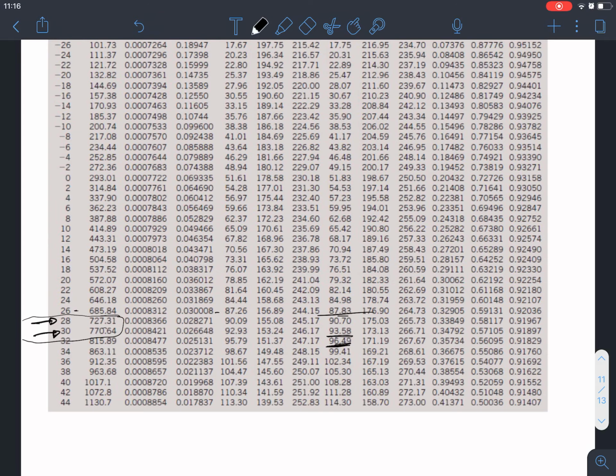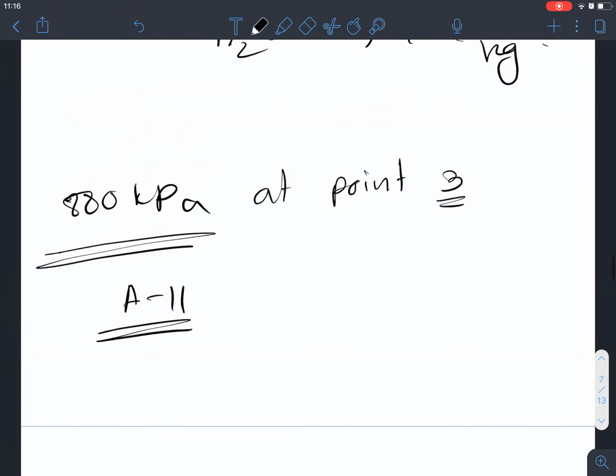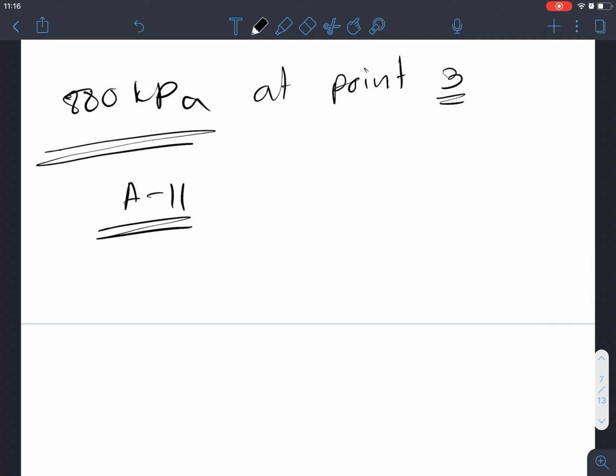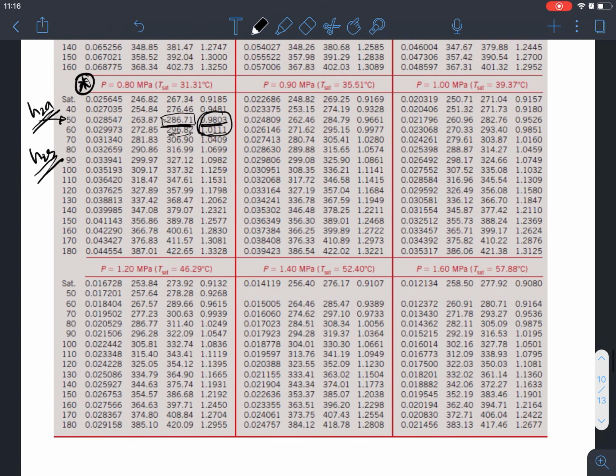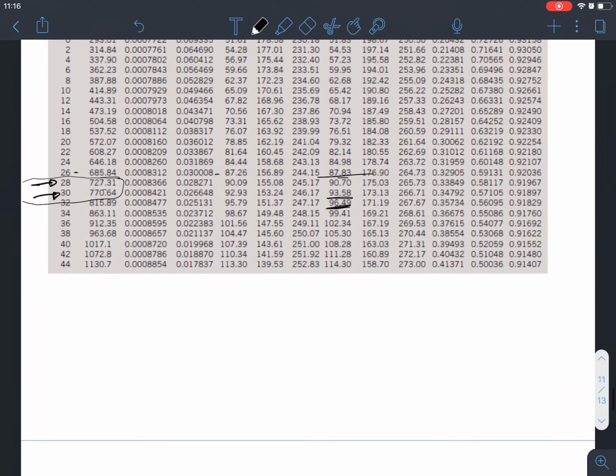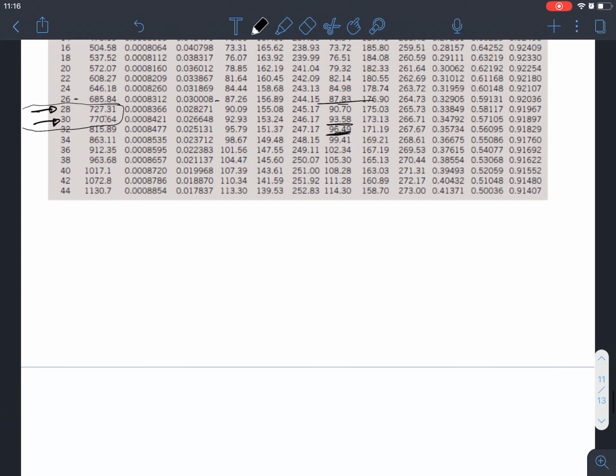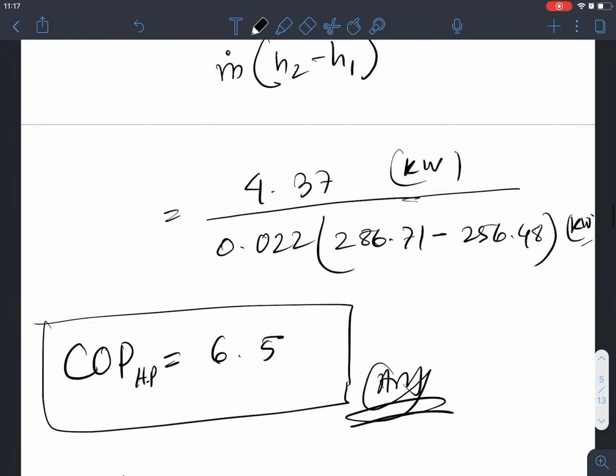If we do the interpolation, then we'll get at 800 kilopascal, H3 equals to... where is that graph? It would be 91.24.